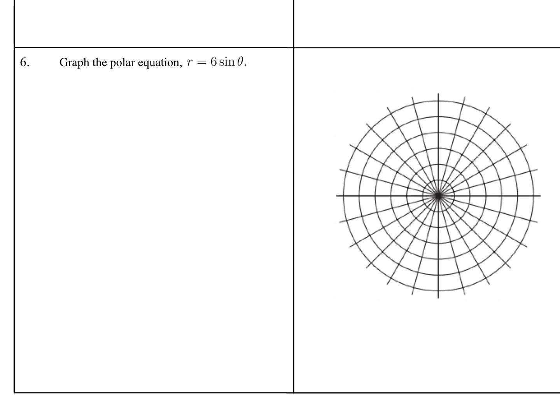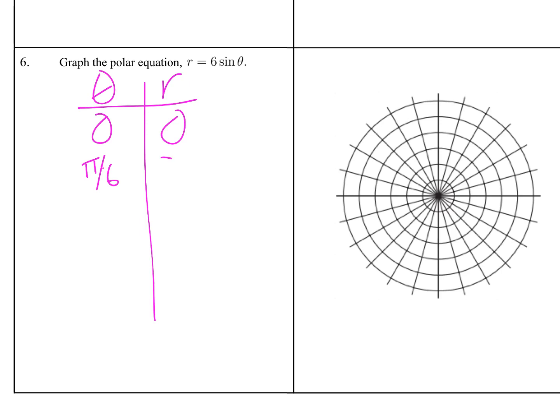Graph the polar equation. Okay. I'm going to put theta here and r here. So if theta is 0, r is 0. If theta is, what's a nice number? That's sine, so I'll go pi over 6. That's a half, so that's 3. So 0, 0, pi over 6, 3.